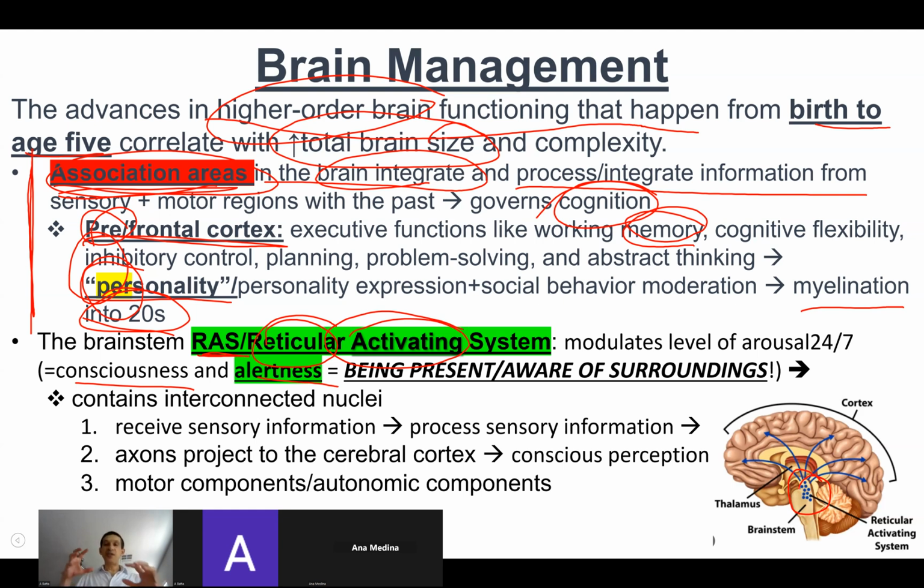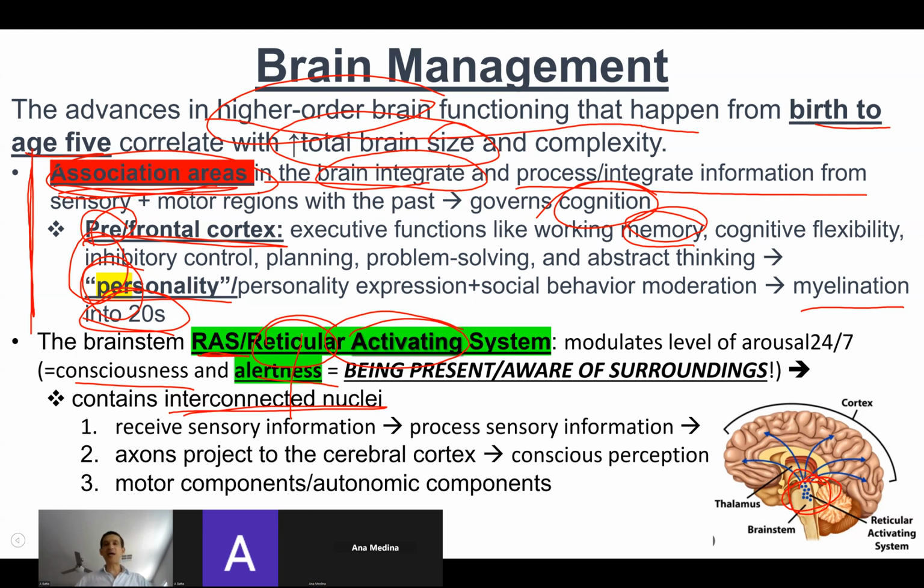These areas of brain matter in the brain stem are interconnected, and that's why we call it a reticular activating system.